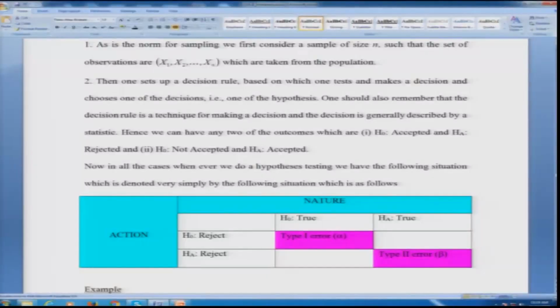Now, consider the other 2 cells, which are along the so-called principal diagonal and are colored pink. These are the scenarios. If H naught is true and you reject H naught, there is an error of type 1, which is given by the value alpha. In the other case, if HA is true and you reject HA, it is the error of type 2, which is beta.